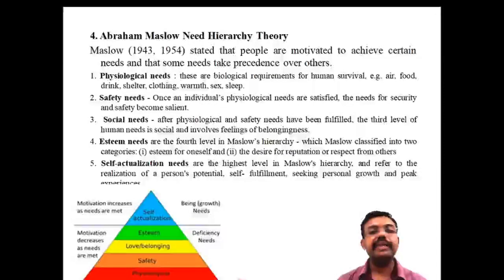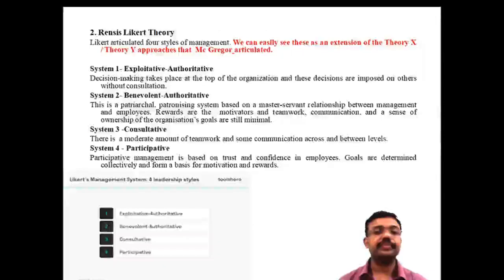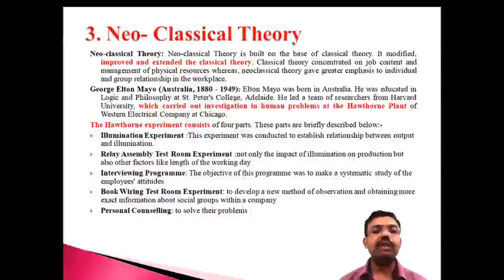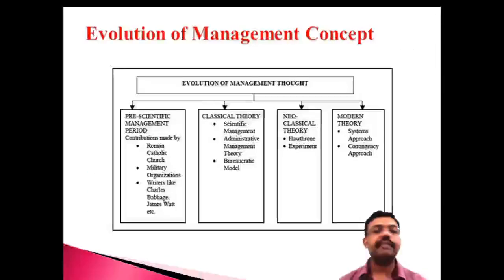Okay, let me conclude. First we discussed the management period, the evolution of management. There is an important diagram regarding the evolution of management: pre-scientific, classical, neoclassical, and modern periods. Pre-scientific has the Roman Catholic Church and Charles Babbage's contribution. Classical has Henry Fayol, F.W. Taylor, Max Weber.